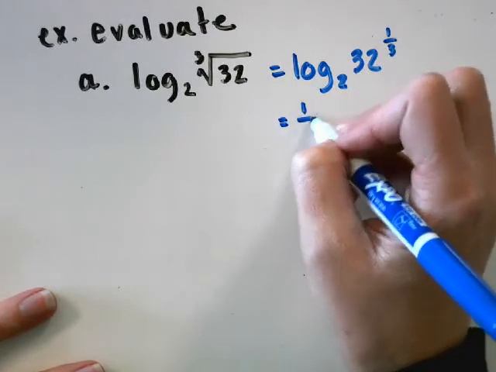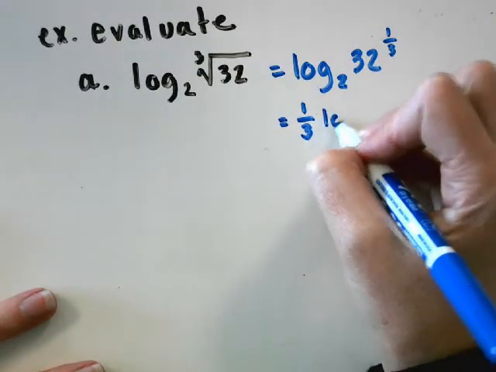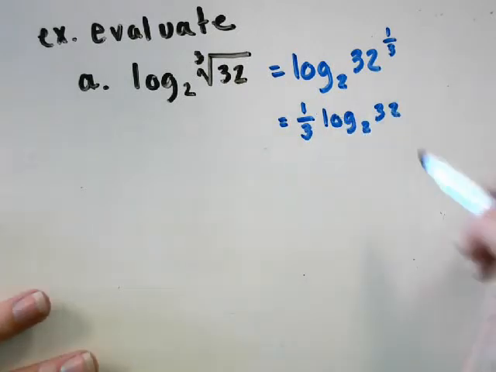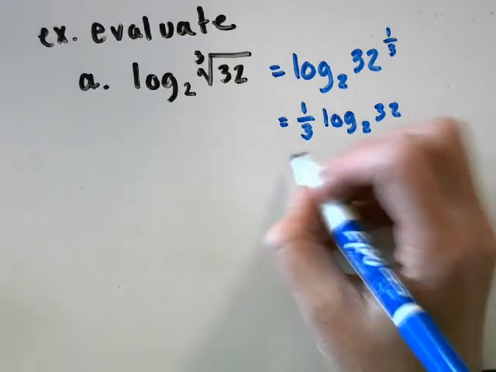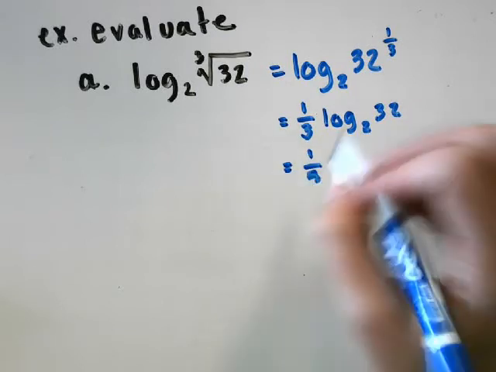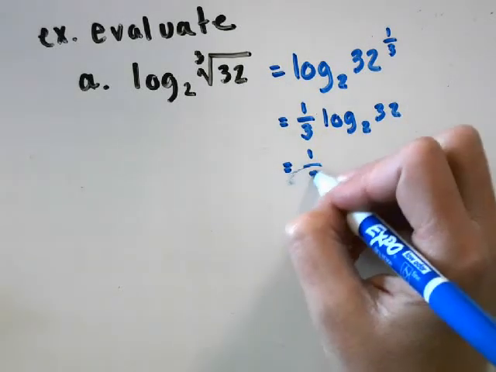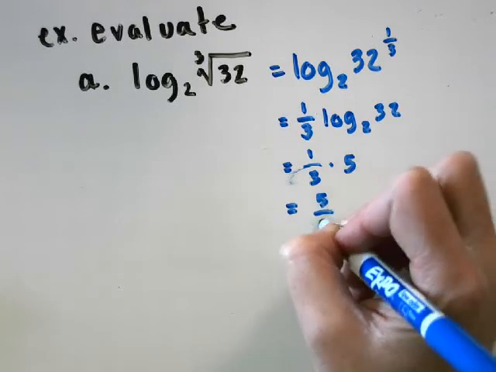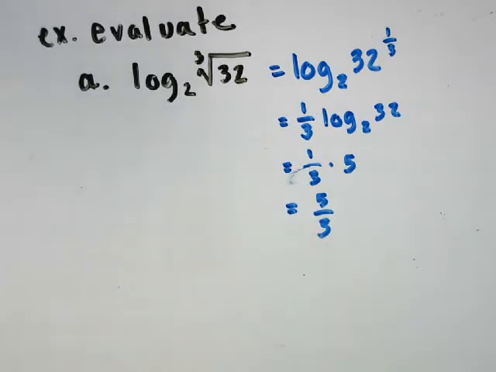Now I can bring that up front. So 1/3 log base 2 of 32. 2 to what power is 32? That's going to be 5. So we're going to have 1/3 times 5, or 5/3.